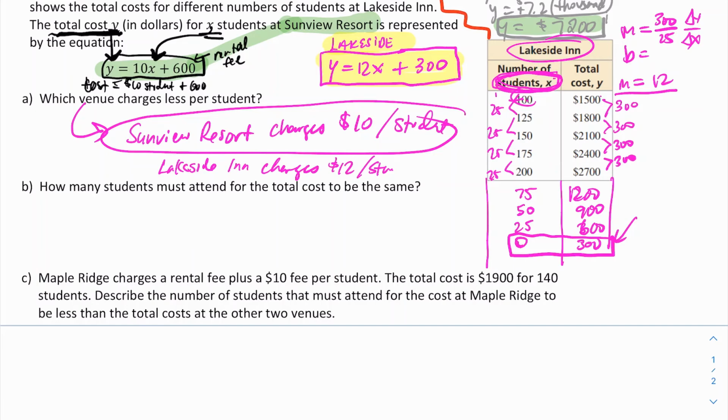The question B says how many students must attend for the total cost to be the same. So Y represents the total cost. So for Sunview, the total cost is 10x plus 600. For Lakeside, the total cost is 12x plus 300. So in order for them to be equal, then you need 10x plus 600 to equal 12x plus 300.